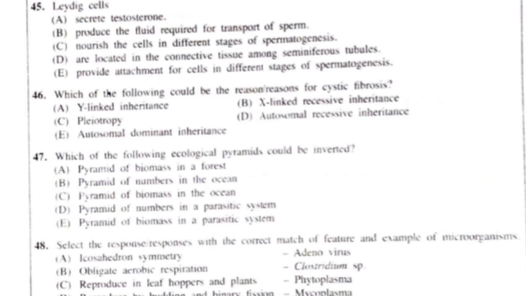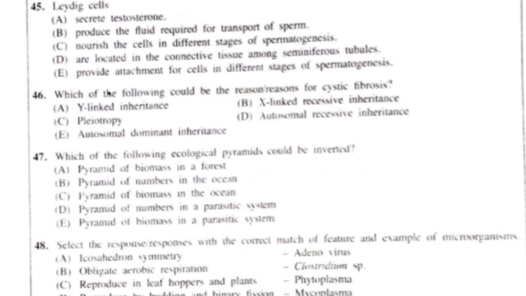Pyramids of biomass can be upright or inverted. An example of an upright pyramid of biomass is a food chain in the forest ecosystem, and an example of an inverted biomass pyramid is a food chain in marine environments, that means the ocean. So the correct answers are C and D. So the answer is answer number 4.